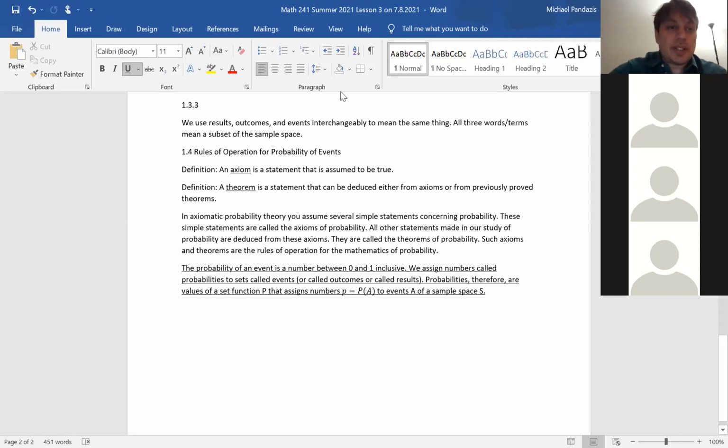Okay, so what does that mean, right? So let's say as an experiment, you have rolling a fair 6-sided die.